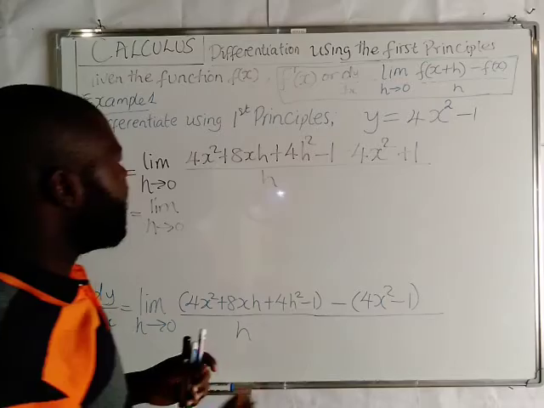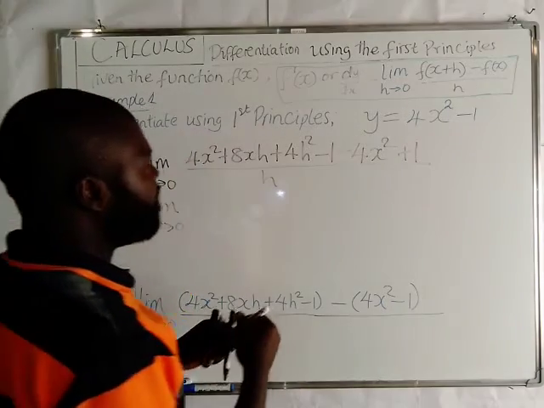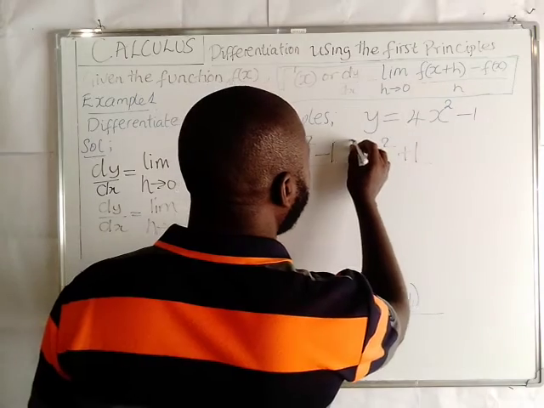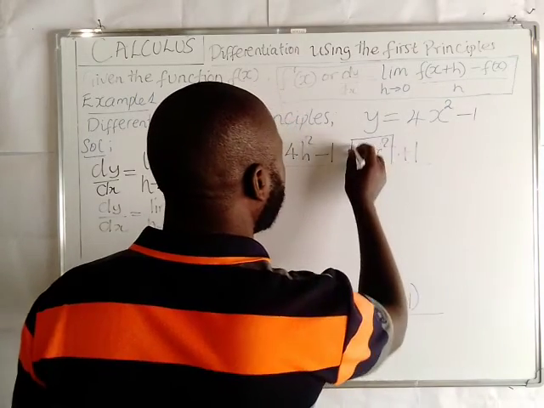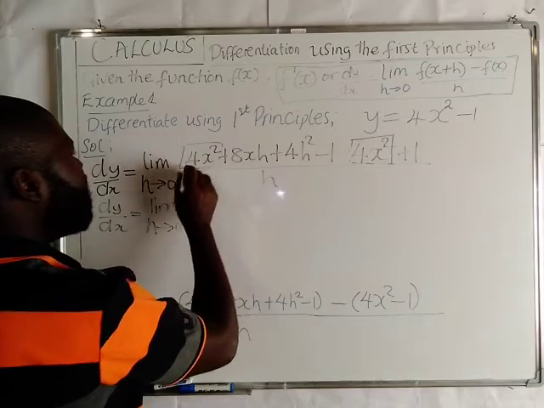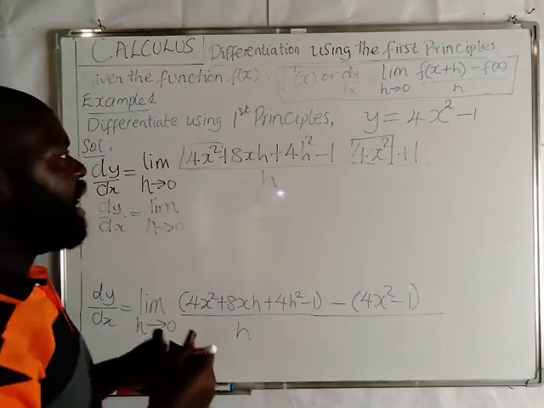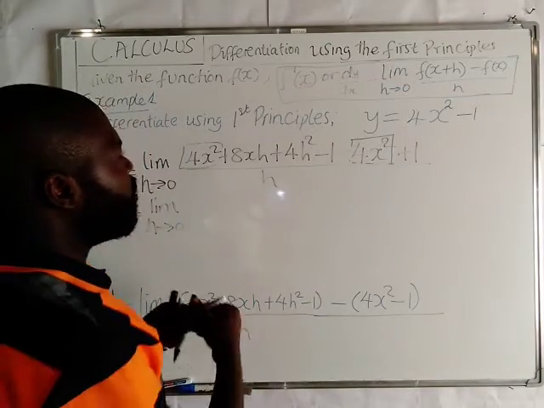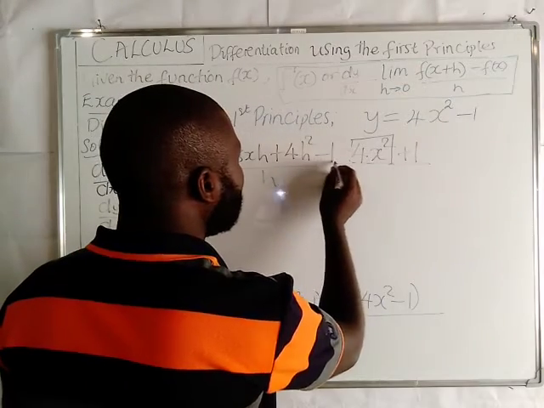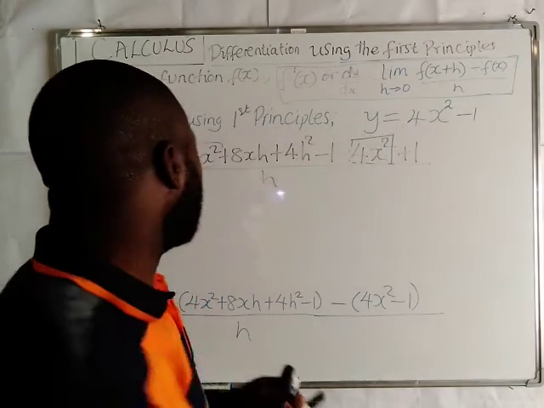So the like terms that we have, as you can see, we have this one and this one here, 4x squared and negative 4x squared. So those are like terms. And we also have negative 1 here and plus 1. These are like terms.